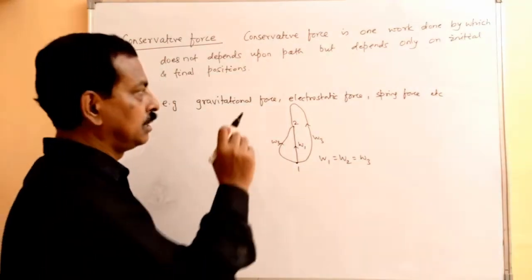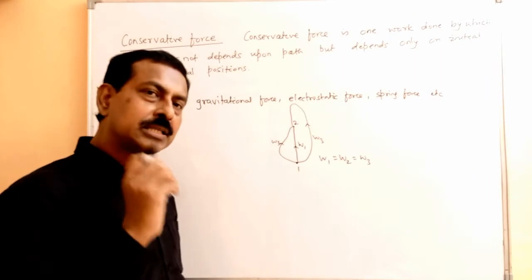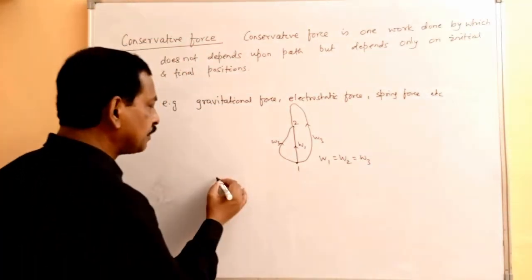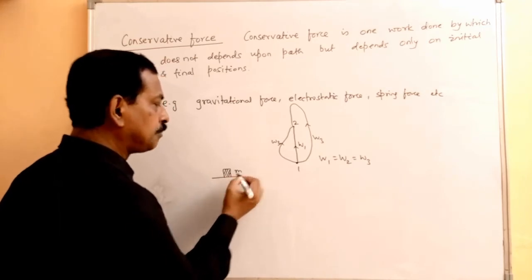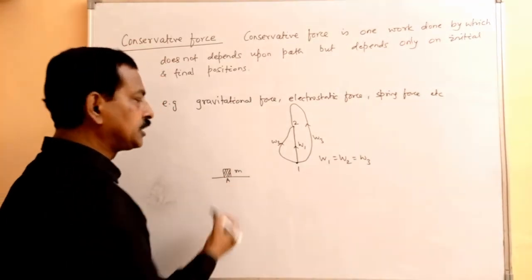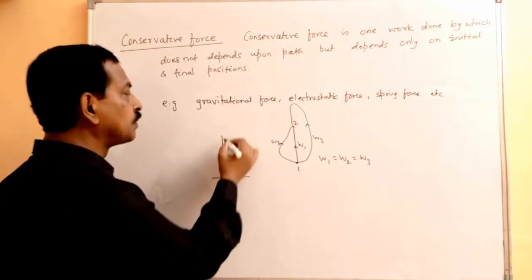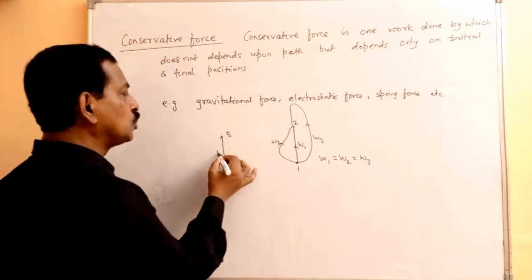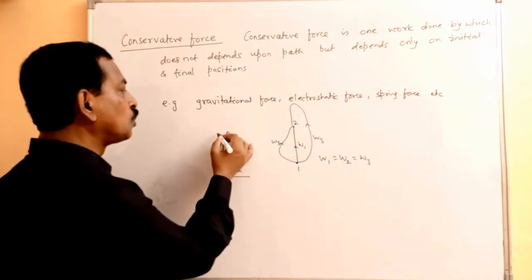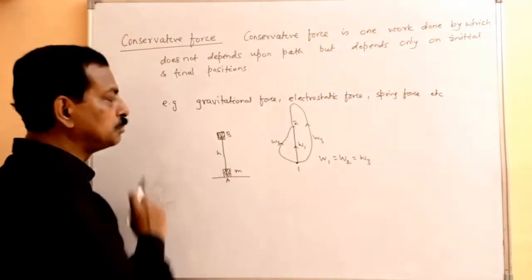Let's take one example, the gravitational force, which we take to be a conservative force. Suppose I have a body of mass m at point A, and we lift this body to point B, which is at a height h.